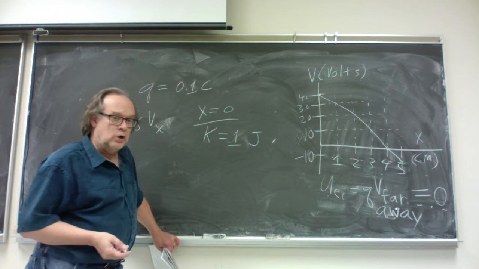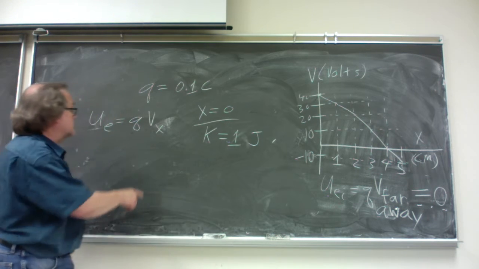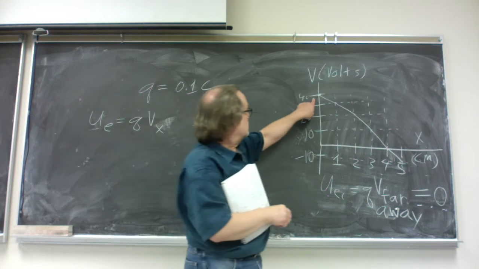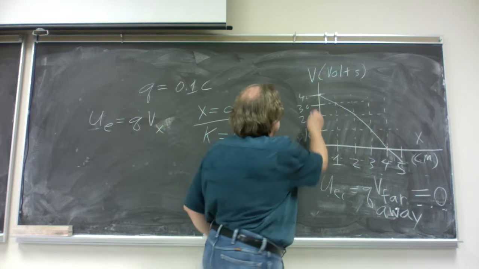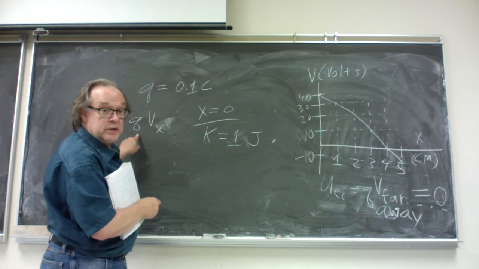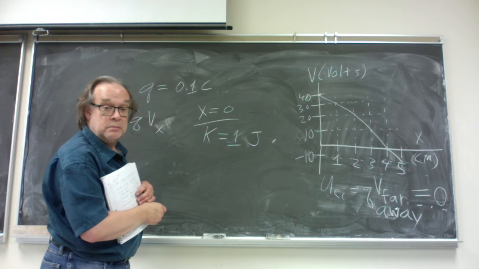All right, well, the system has potential energy at that point too, which is just potential at that point times the charge. The potential at that point is 40 volts, and then 40 volts times a charge of 0.1 gives us 4 joules for the potential energy.